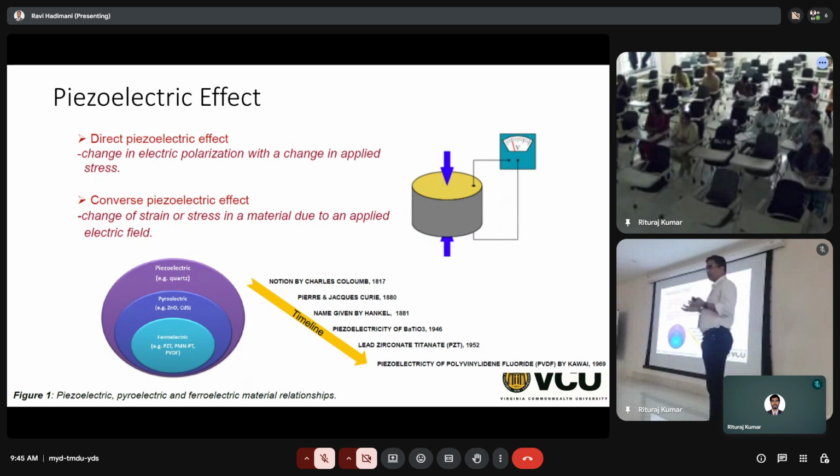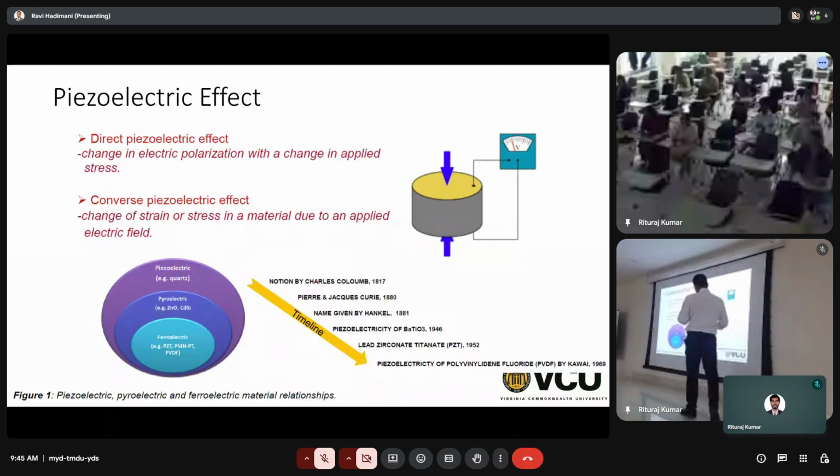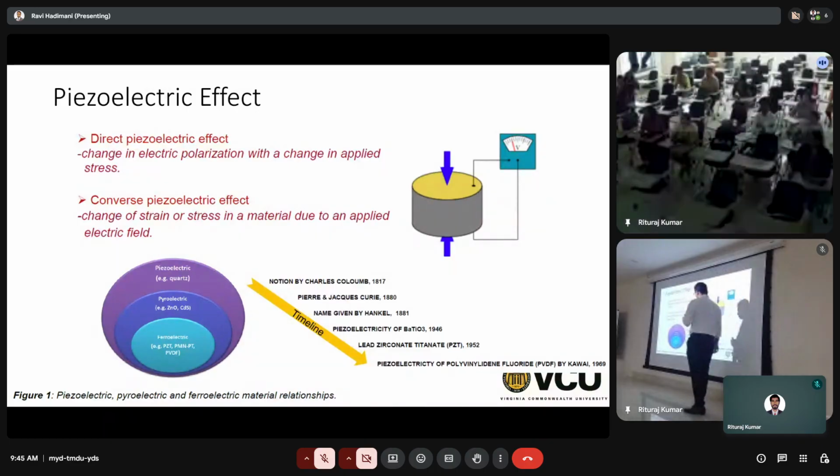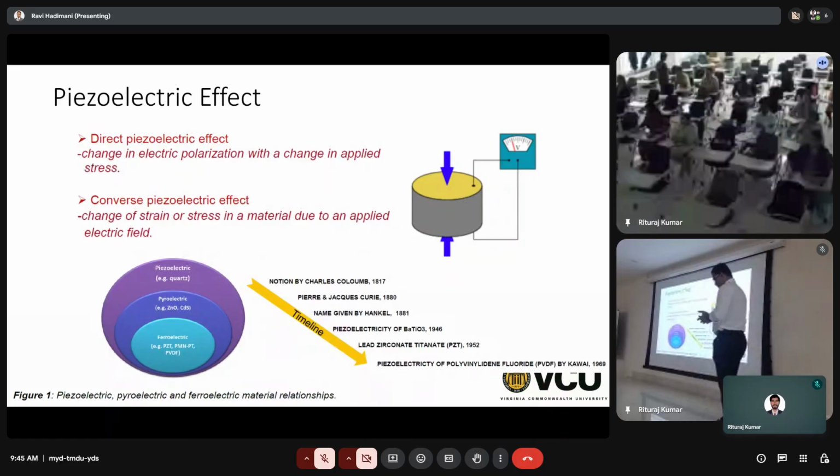Do you know there are famous devices using pyroelectric? Thermocouples, yeah, using pyroelectric. Something called the Seebeck effect as well. So you can take Peltier cells and use them to heat or cool by applying a voltage. So these are another class of piezoelectric materials.